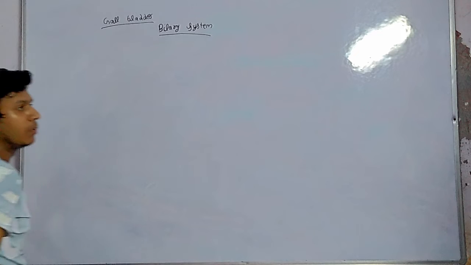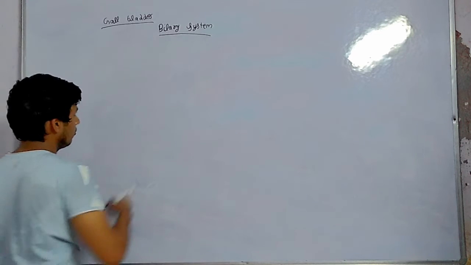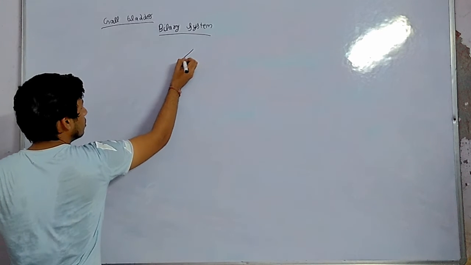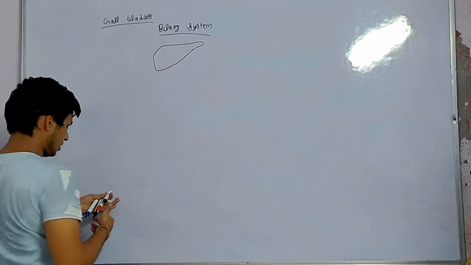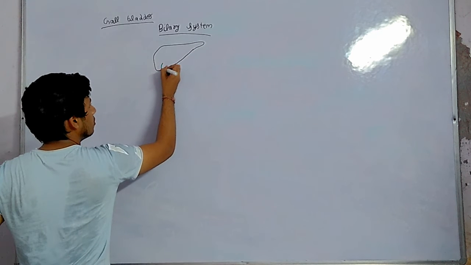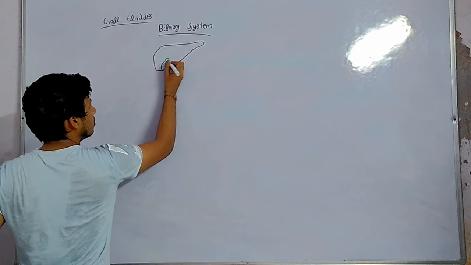Bile forming, bile transport basically. We know this is the liver. We just draw a small liver. This is the gallbladder. Done.